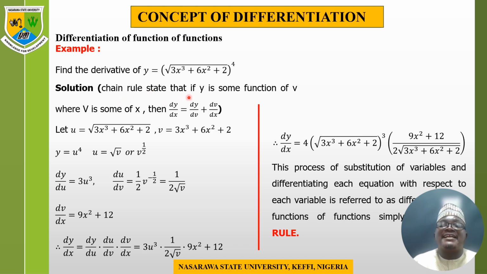Chain rule states that if y is some function of v, where v is some function of x, we are going to have this. We have stated it now. Let's look at this formula. Then we let our function here to be our u. Then look at it.